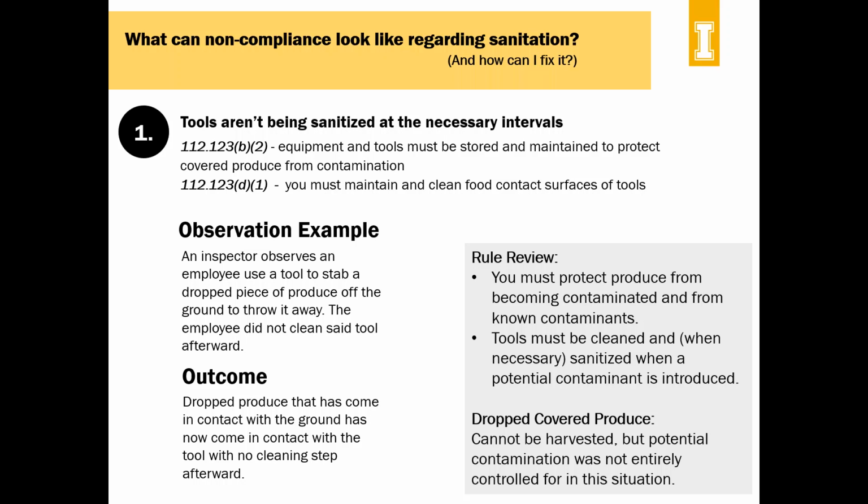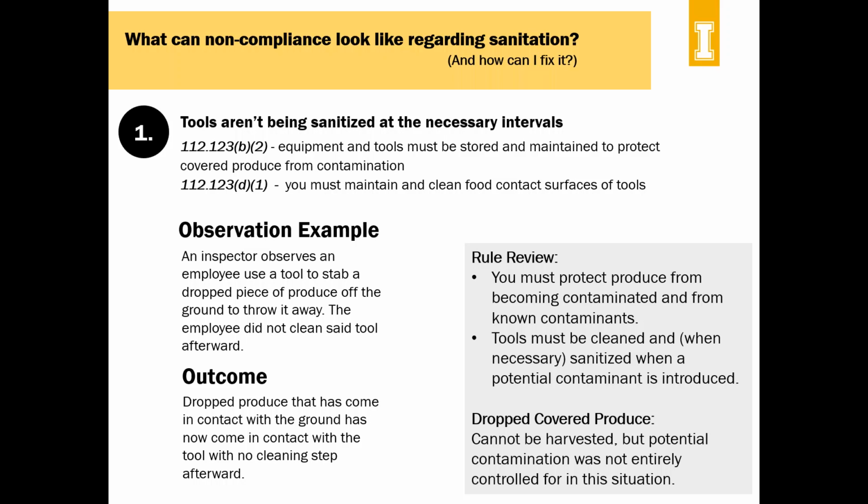So this is something that's related to dropped covered produce. And so the outcome for that would be that the dropped produce has then come in contact with the ground and maybe has split open or become contaminated in some way just by the nature of being on the ground and rolling around, or whatever may happen, and then coming in contact with the tool and then not cleaning that tool afterwards before putting it right back into production or going straight back to whatever you were doing.